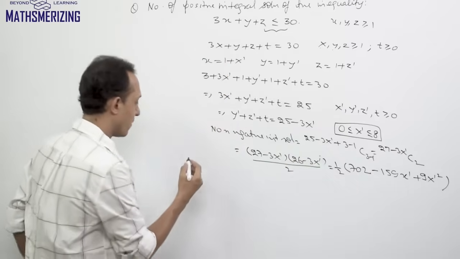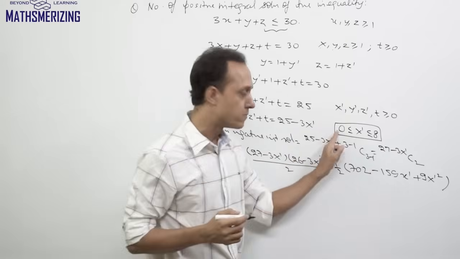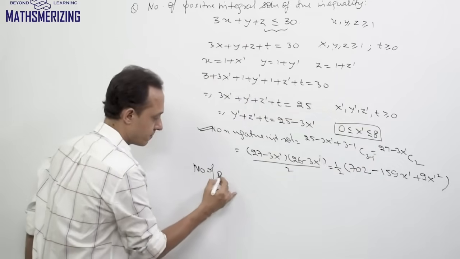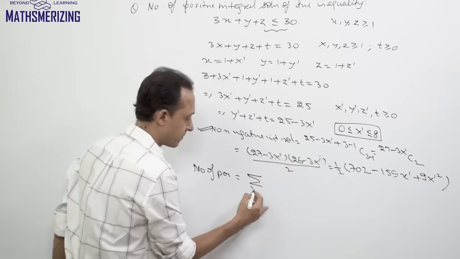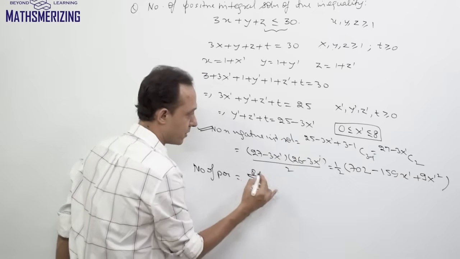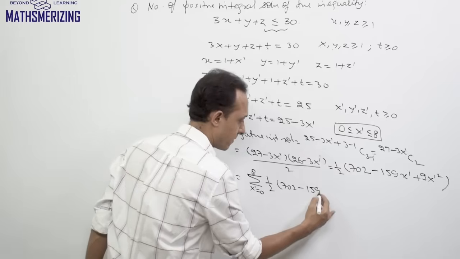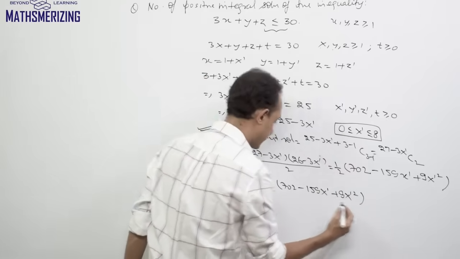Now, if we have to find the total solutions, then we have to take the summation over x dash from 0 to 8. So the number of positive integral solutions is given by this summation where x dash varies from 0 to 8 of 1 by 2 times 702 minus 159x dash plus 9x dash square.